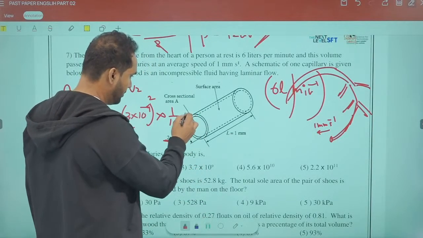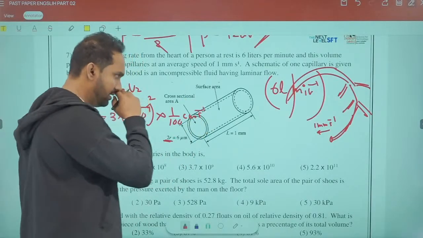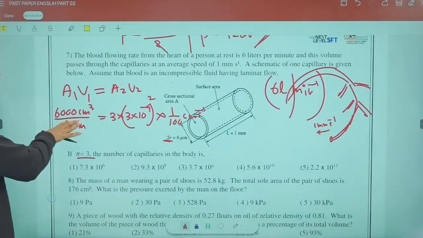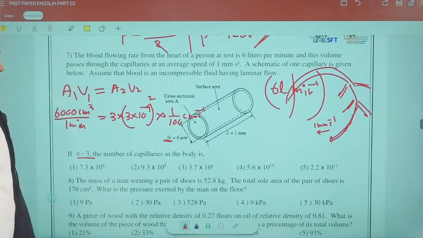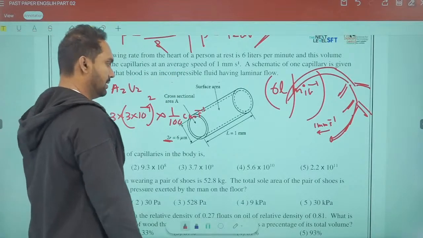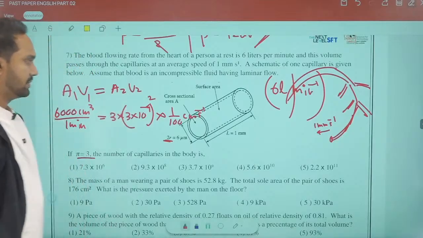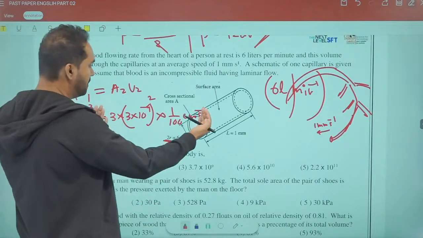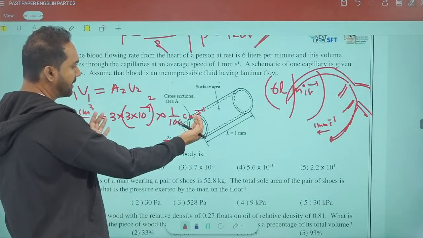We could have converted everything into meters, but because I converted this into centimeters, I did everything in centimeters. Converting into meters would be preferable. So this is the volume rate of one capillary.